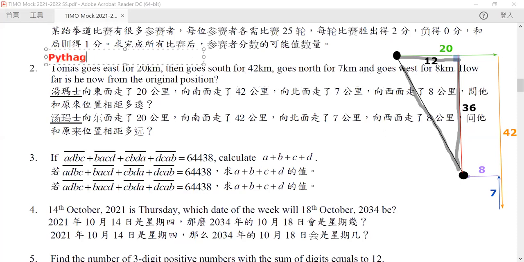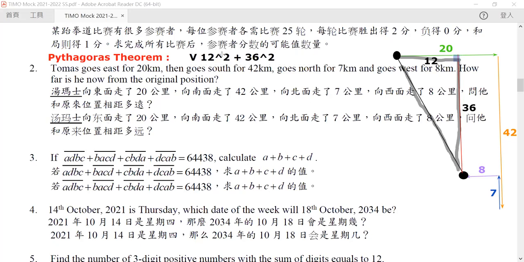So remember that the Pythagoras theorem says that the length of our hypotenuse is equal to the root of the square of our first length plus the square of our second length, right?